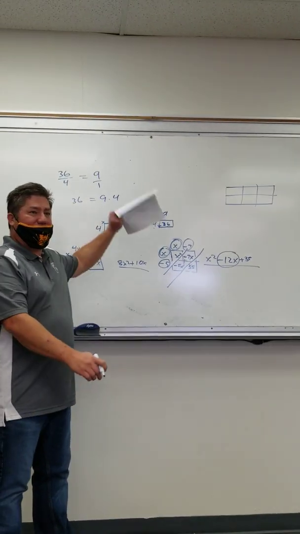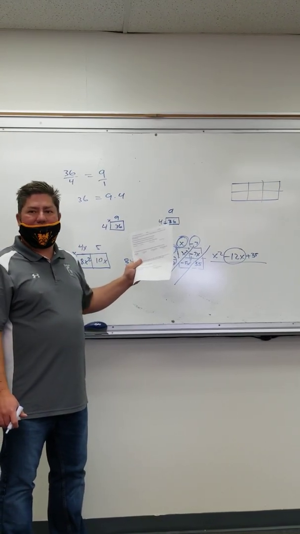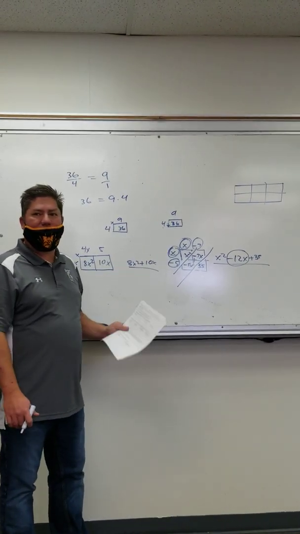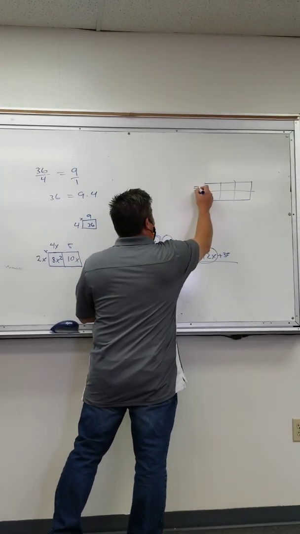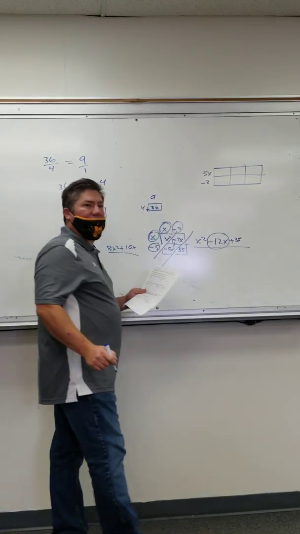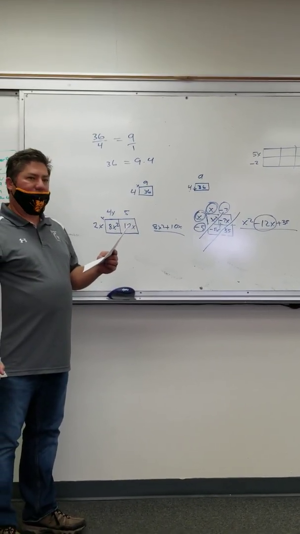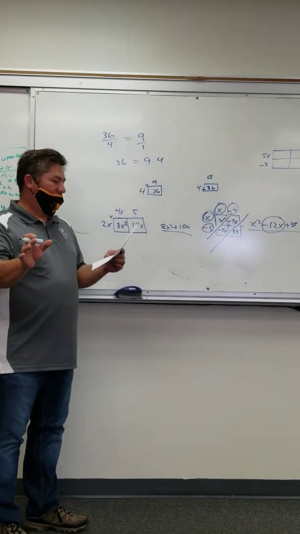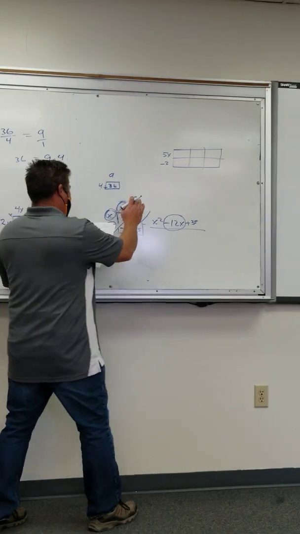What goes on the left side for this one? Let's ask Destiny. 5x and negative 2. Whoa. Where did I get 5x? We're doing the last one on the top. Oh wait, she shouldn't be doing that yet.